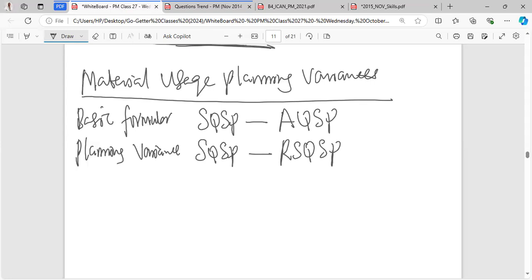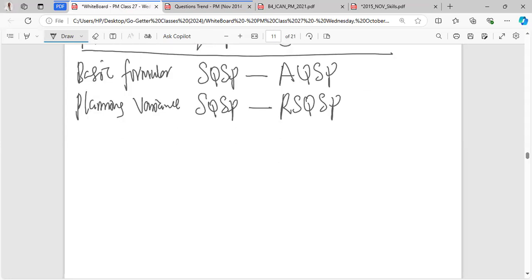All right, so let's go. We'll now separate it. This is bread, and this is cake. We'll start with standard quantity, standard price. Then we'll say minus revised standard quantity, standard price.